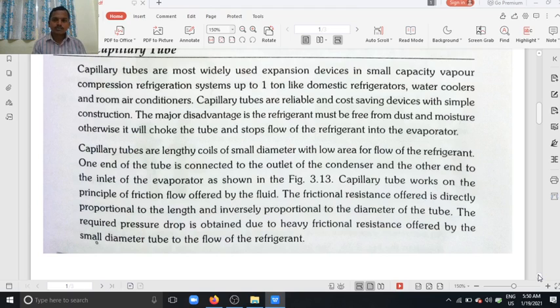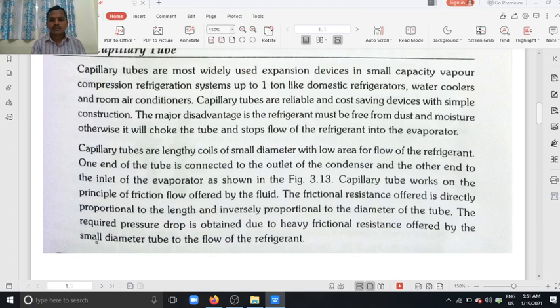This capillary tube works mainly on the function of restricting the flow. Due to this restriction of the flow, the pressure drops, because of the frictional resistance offered to the flow. The frictional pressure drop is directly proportional to the length of the capillary tube and inversely proportional to the diameter of the tube.